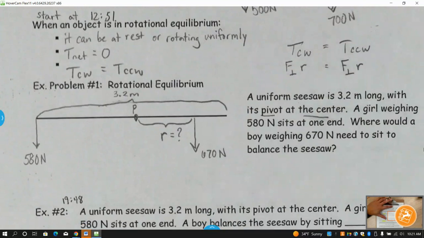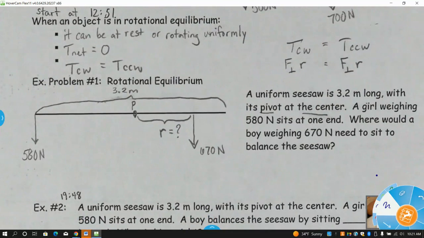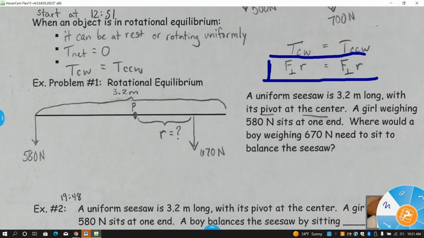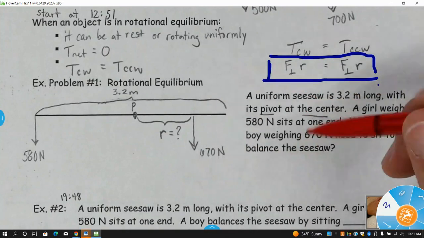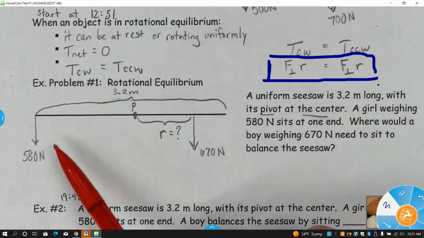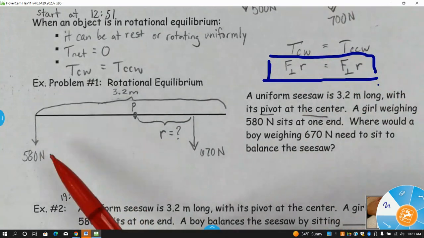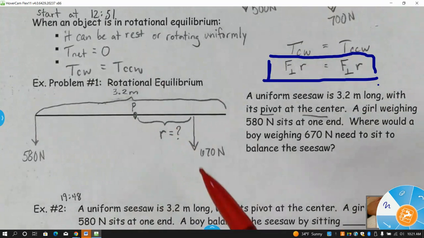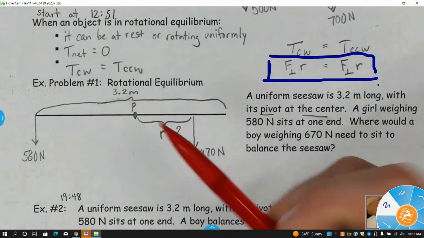We're literally only going to use this equation, guys. Since the torques have to be equal, we use their weights, which are the forces, times their lever arms. Darn, I don't know how far the girl is from the center. Well, think about it.